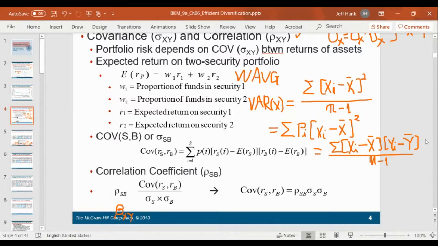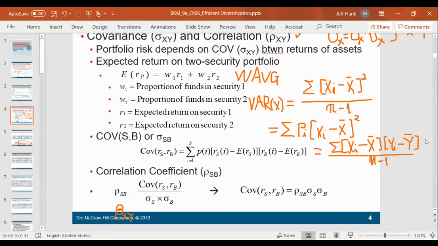right? Whereas what was CAPM? CAPM is basically the correlation between the stock market's risk premium, market risk premium, and the individual stock risk premium, right?